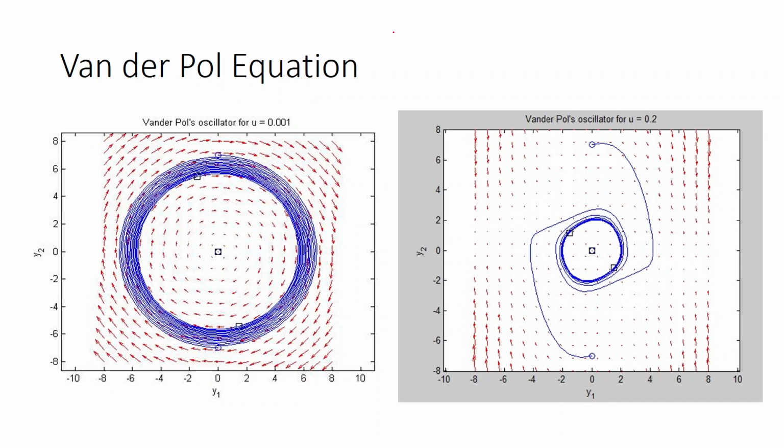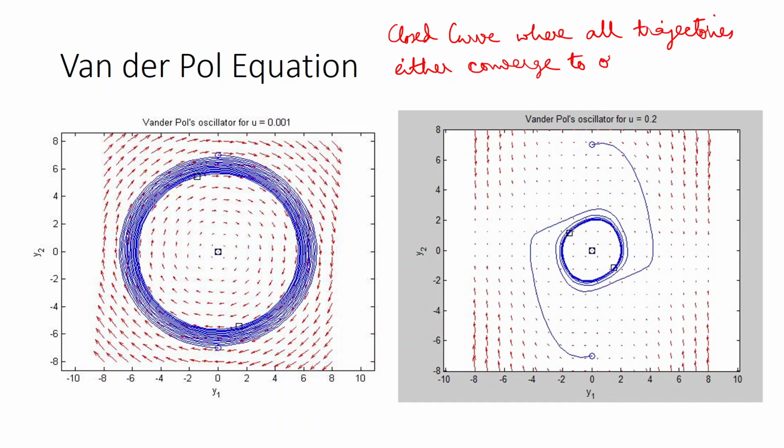A limit cycle is basically a closed trajectory or closed curve in this phase plot or in the state space, where all trajectories either converge to it or diverge from it. So this is the simple way you can understand what a limit cycle is. This is a limit cycle.